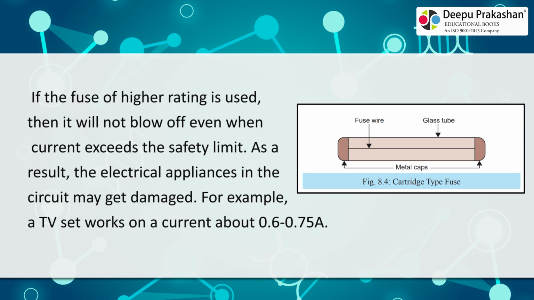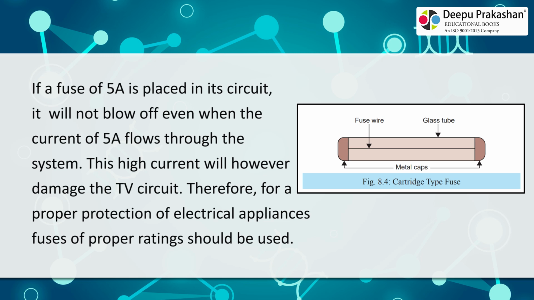For example, a TV set works on a current of about 0.6-0.75 A. If a fuse of 5 A is placed in its circuit, it will not blow off even when the current of 5 A flows through the system. This high current will, however, damage the TV circuit. Therefore, for a proper protection of electrical appliances, fuses of proper ratings should be used.